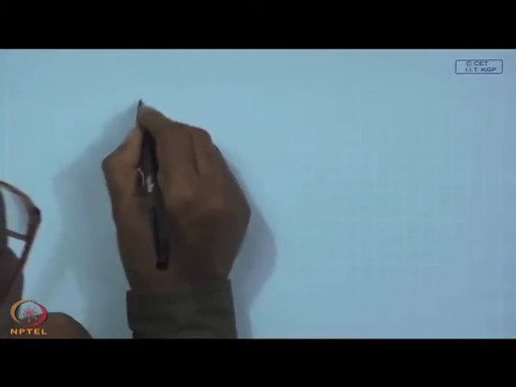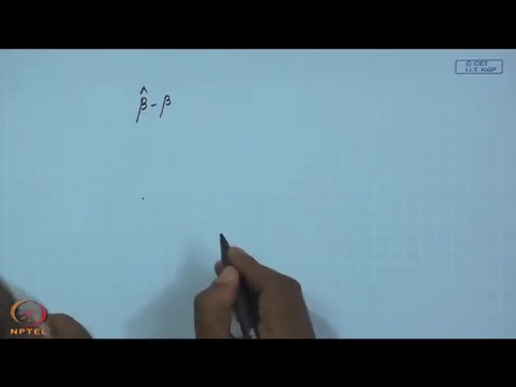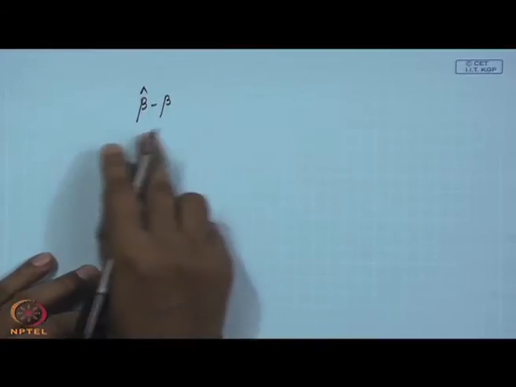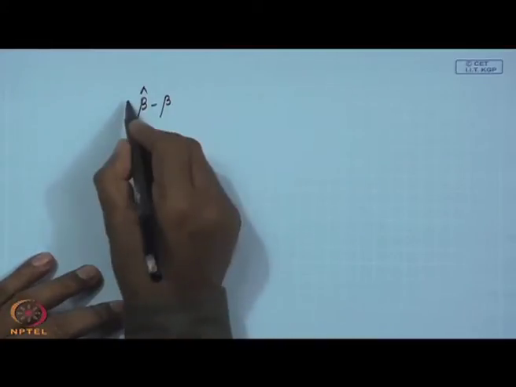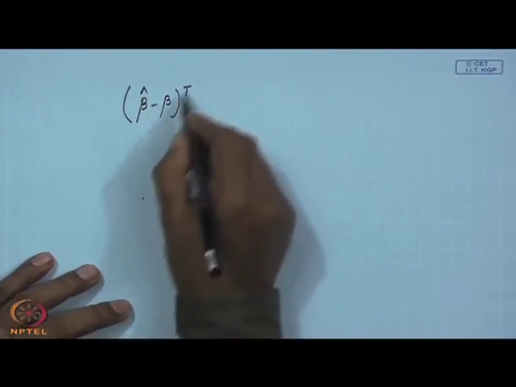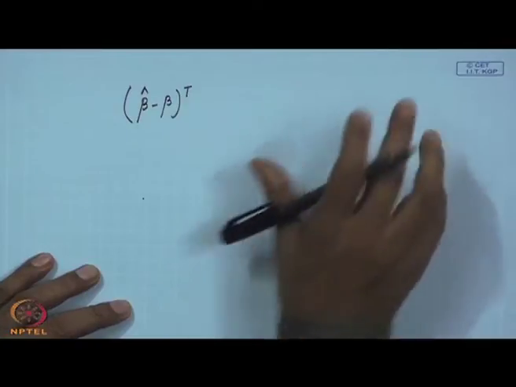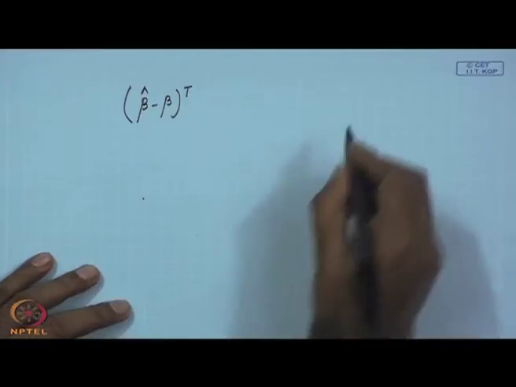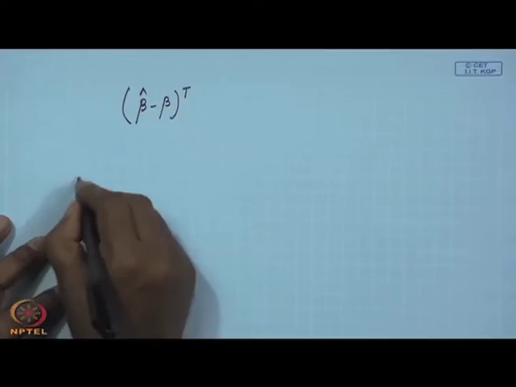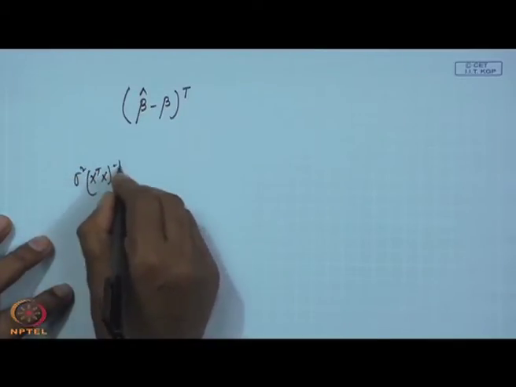So, can we not write like this: beta cap minus beta, that is similar to x bar minus mu, transpose, and there was S inverse. S is the covariance matrix. So, what is our covariance matrix? Our covariance matrix is sigma square times X transpose X inverse.